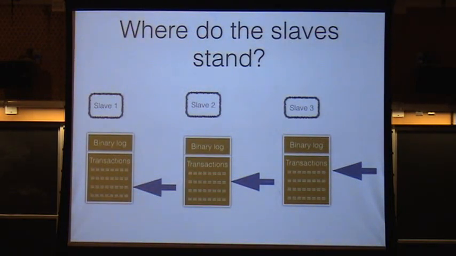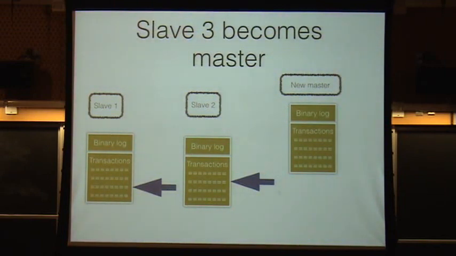Actually, this slide is longer, you don't inspect the binary log, you inspect the relay log to see the latest that each one has got from the master. So in this case you say slave number 3 is the one who has got the most. You promote slave number 3 to master.